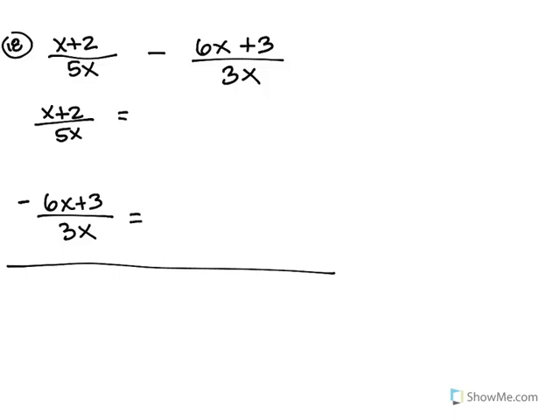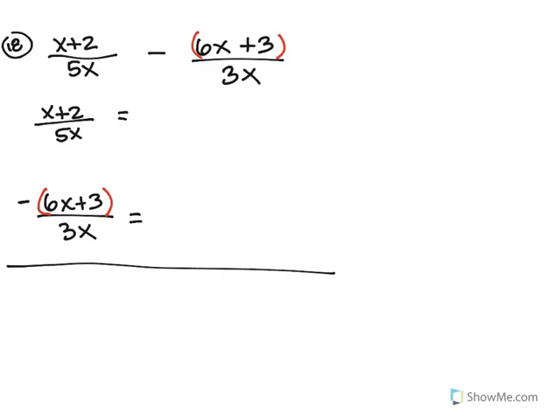Now, this one is a subtraction problem. And so I won't mess up, this is what I want you to do. This second one, you need to do what with that top? You can either do it now, or you're going to do it when I do my little zigzag, okay? But you've got to multiply 6x and 3 by that negative.